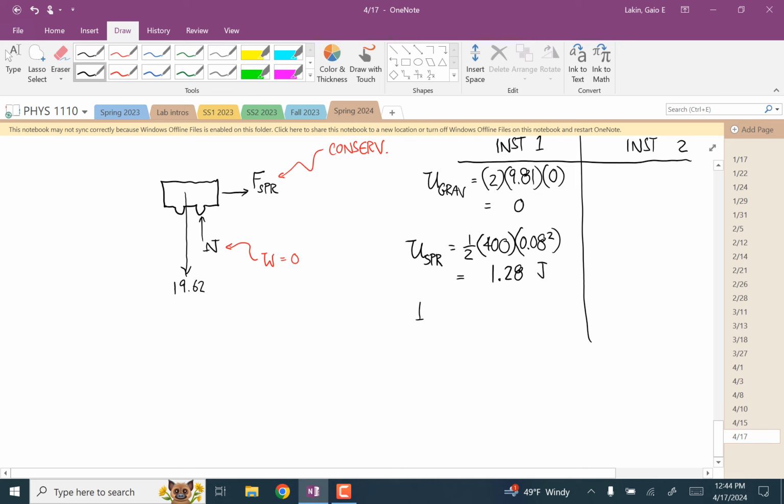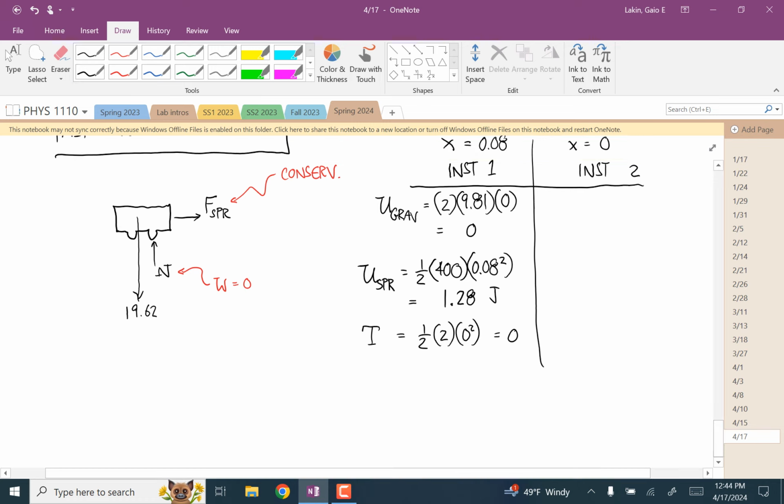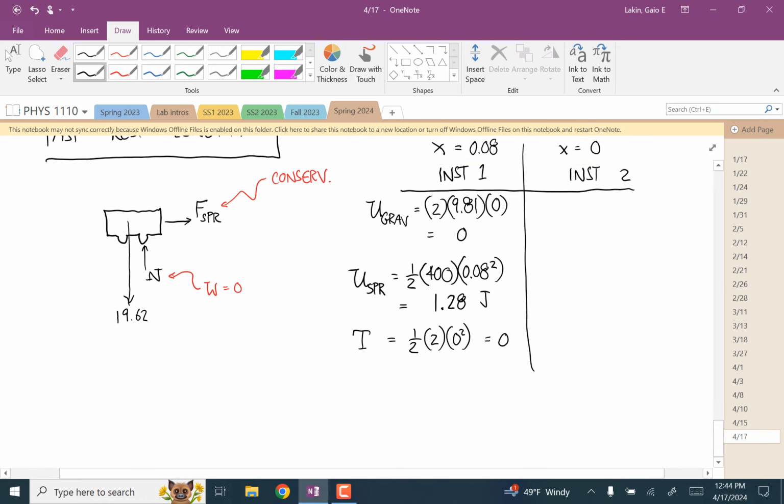And now the kinetic energy. Well, we're going to assume that it's pulled back and released from rest. The person isn't pushing it as it leaves. And so this is 1/2 times the mass times 0 squared, or 0. And now we'll go to when the spring is at its resting length.